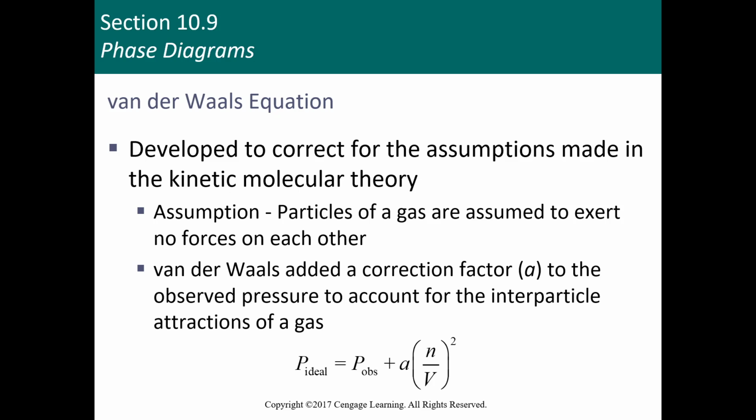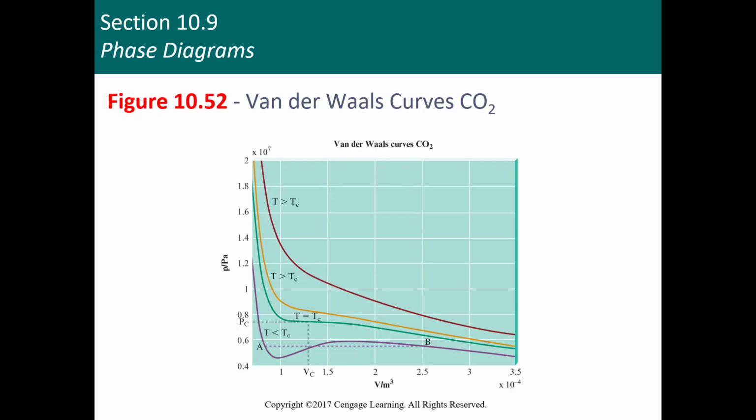And this correction factor can account for the interparticle attractions of a gas. So for, say, water, there will be a bit more interactions, and so it will have its own correction factor. CO2 would have its own correction factor. It's fairly small. Xenon, krypton, all these things would have their own correction factors, depending on the gas.